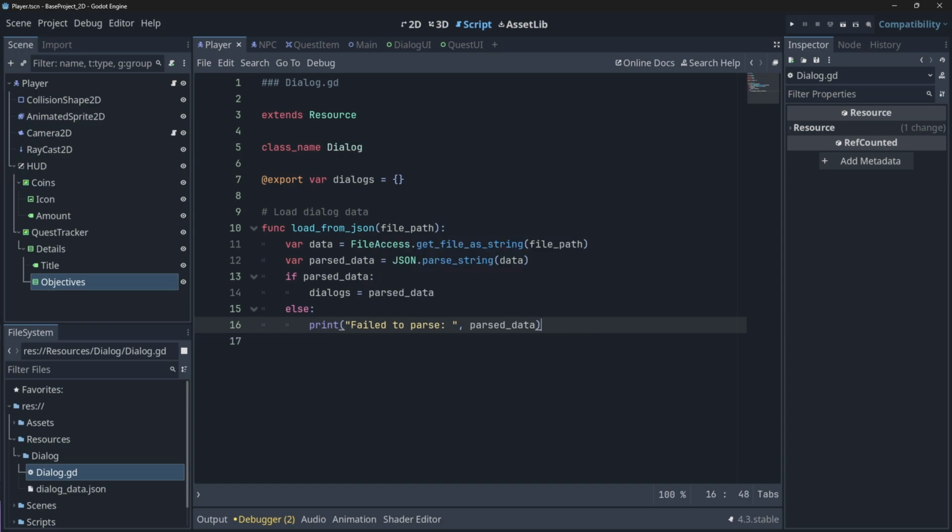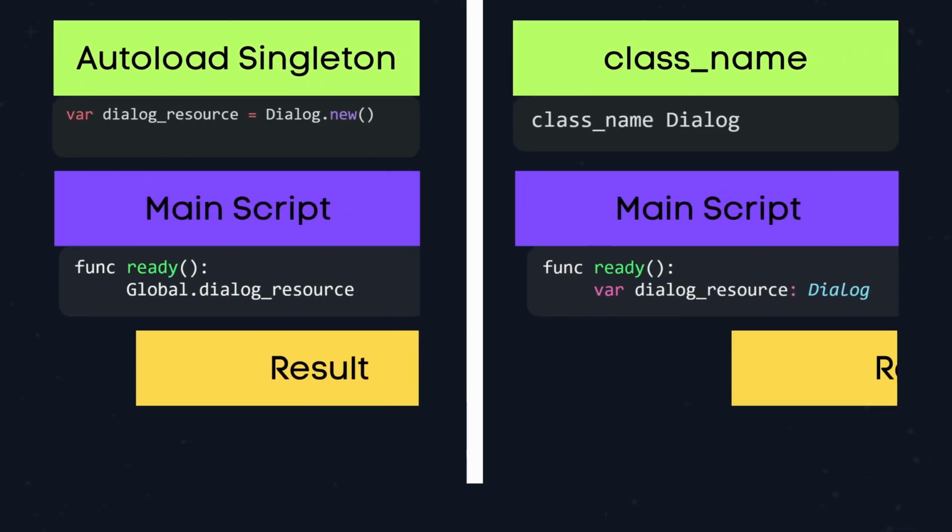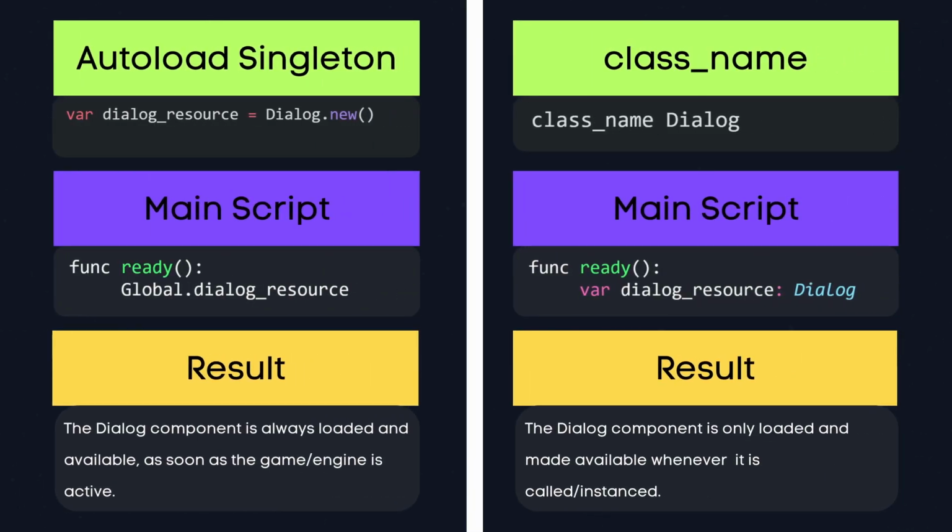From the code, you will see that we use the class_name keyword to convert our script into a globally accessible class. This means that we can access the dialog script directly in our other scripts without having to instance it. Now, this is different from an autoload singleton script because autoload singletons are used for global systems and state management, whereas a global class is used for when we want to easily instance and reuse custom nodes.